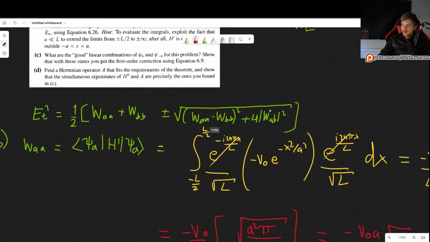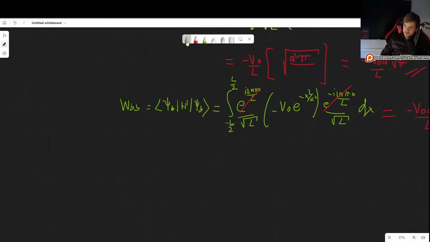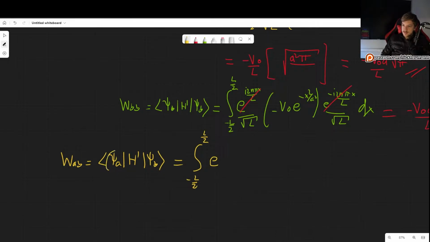Now we still need to find WAB. So WAB, whoops, what is that? AB. This is psi A, H prime, psi B. So let's plug it in. This is the integral from minus L over 2 to L over 2 of psi A conjugate.